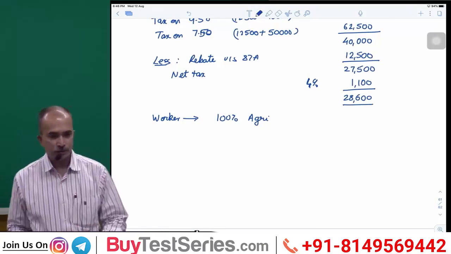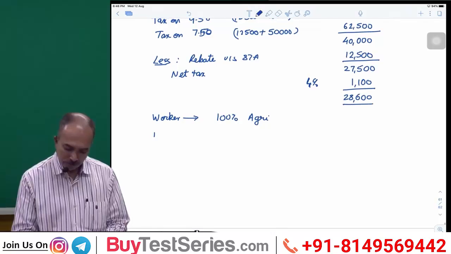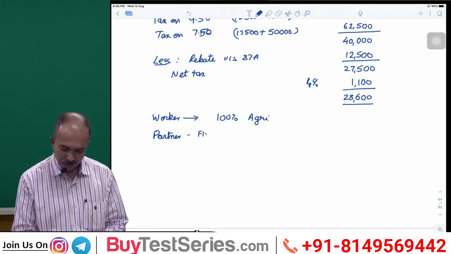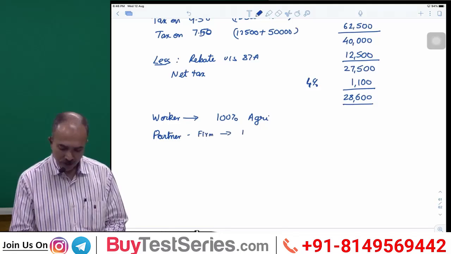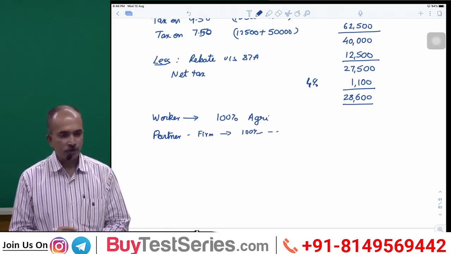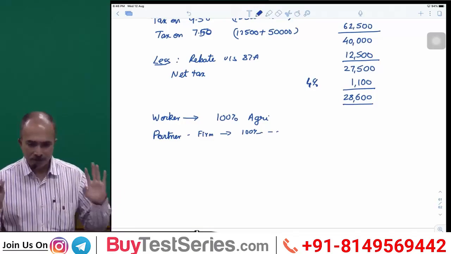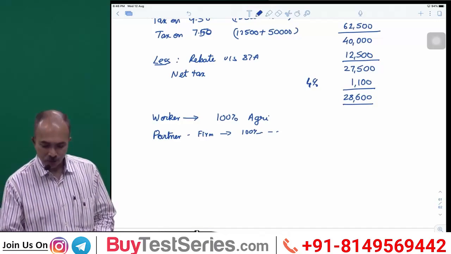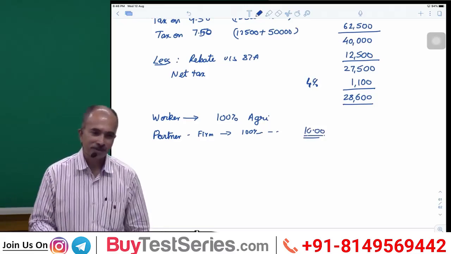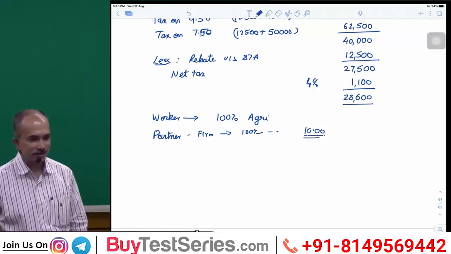Let's modify the situation. You are a partner in a firm, 100% agriculture. Firm is doing only one activity, 1000 एकड़ का farming कर रही है, and you draw 10 lakh remuneration from the firm. We pay salary to partners.